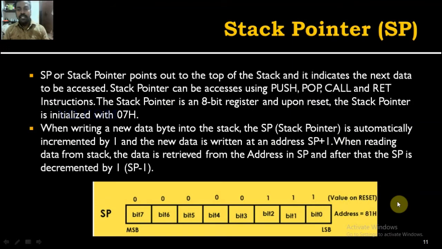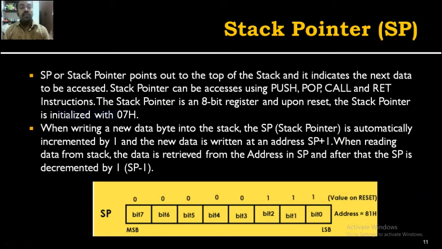The next one is the stack pointer, SP. Okay, stack pointer, that is used to point to the top of the stack. That stack pointer indicates the next data to be accessed. So whenever we are using push, pop instructions and call and return instructions, at that time the data are stored in the stack.